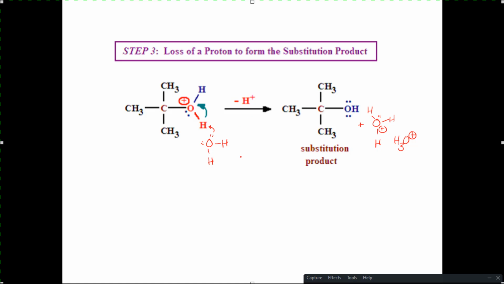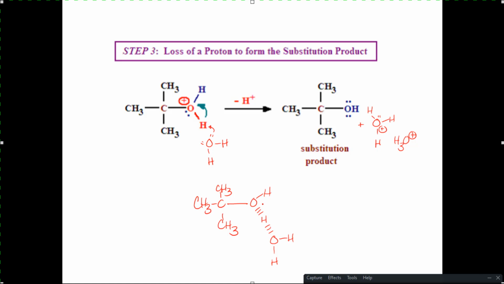And so what would the transition state for this be? The transition state for this reaction would be, what bond am I breaking? I'm breaking the OH bond. What bond am I making? I'm making the hydrogen to water bond. So I get two partial bonds here.